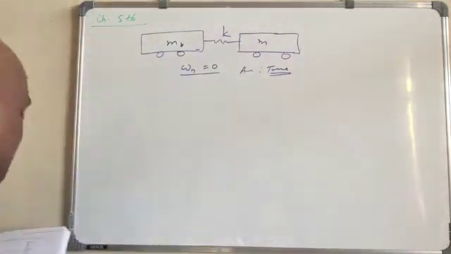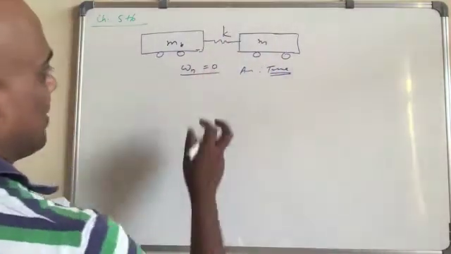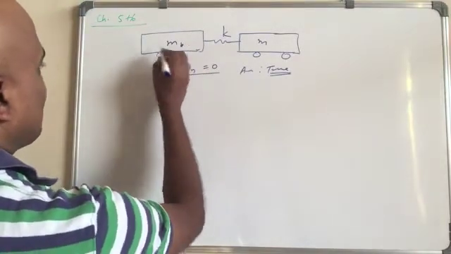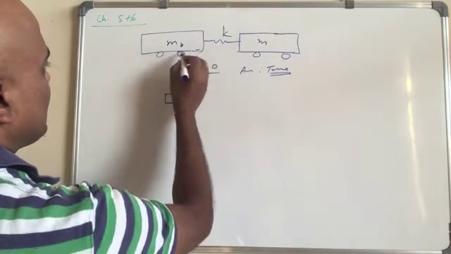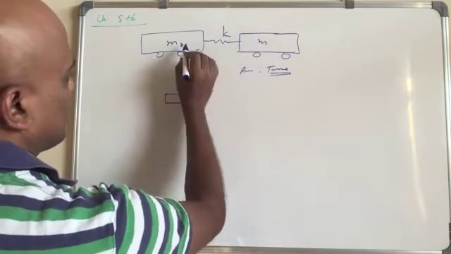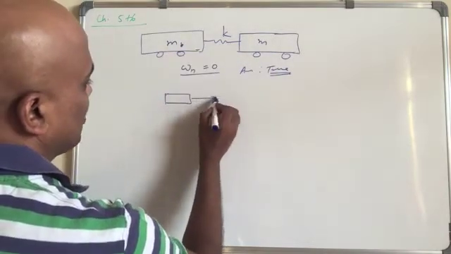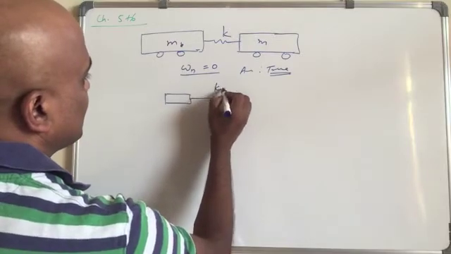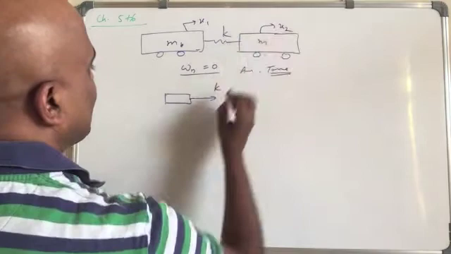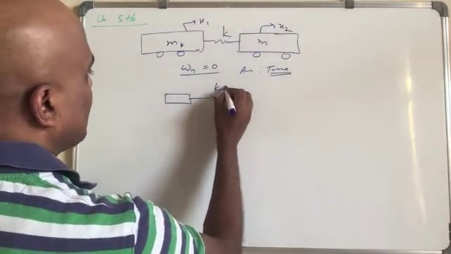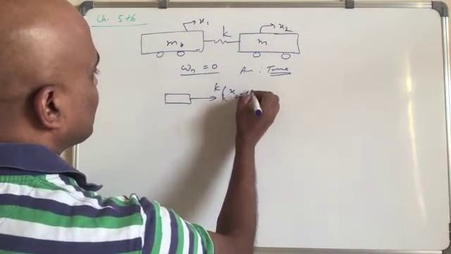How do you formulate? For the first one, let us say this is moving and this is stationary, so this will pull this way. Let us say this is x1 and this is x2. How much will it pull? It will be k times x2 minus x1.